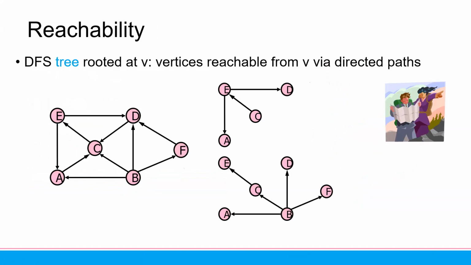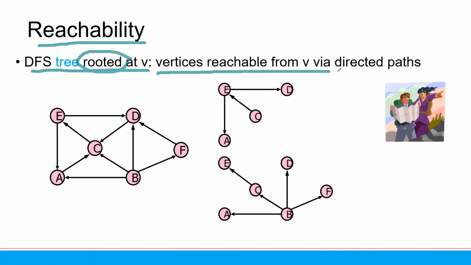In the directed graph, we need to understand the concept of reachability. Is there any way to reach a vertex from another vertex? DFS tree rooted at V. Rooted means we have a root, where we start from a vertex, and the vertices are reachable from V via directed paths.